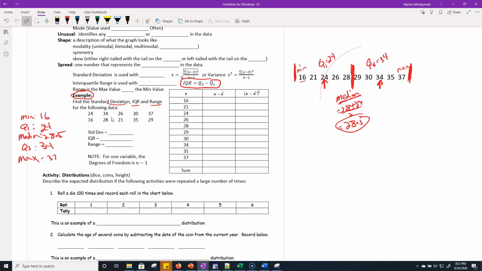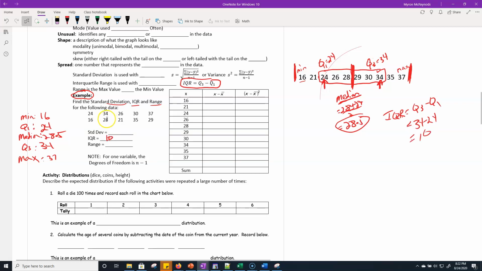It's the middle two, Q3 minus Q1, from 24 to 34, right? So the IQR is equal to Q3 minus Q1, which is equal to 34 minus 24 equals 10. So the IQR is 10.